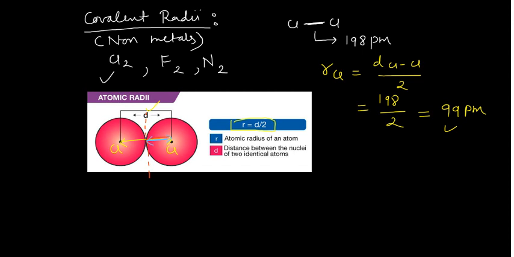So what would be the definition? Half of the bond distance between atoms bonded together by a covalent bond is known as the covalent radii. This is very, very simple.